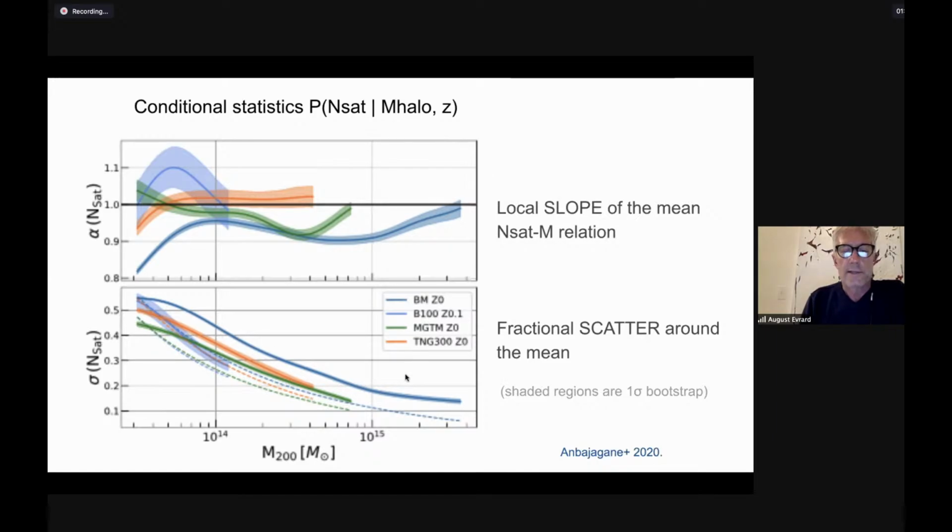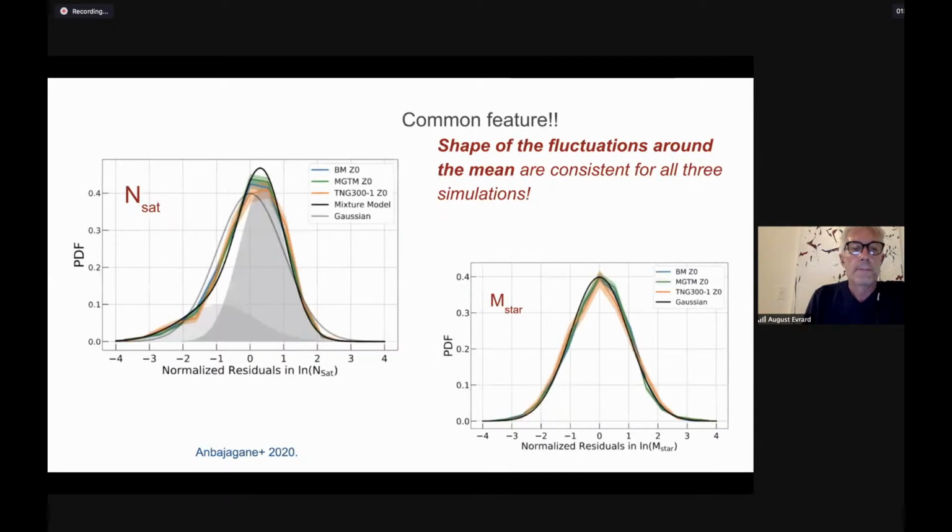Similarly, the case of the scatter has a similar behavior with slight differences across the simulations. But the main thing we emphasized when we published this paper was this common feature.